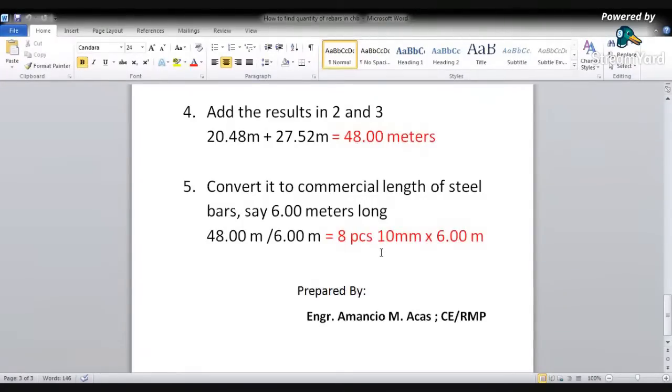By next week, we will show you how to compute the quantity of tie wires, how many kilograms are used. I have a table also, I will show it to you so that you can easily multiply directly. No need to compute, we need to make it easy.